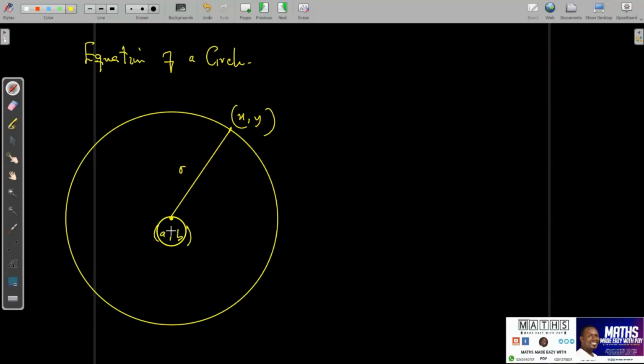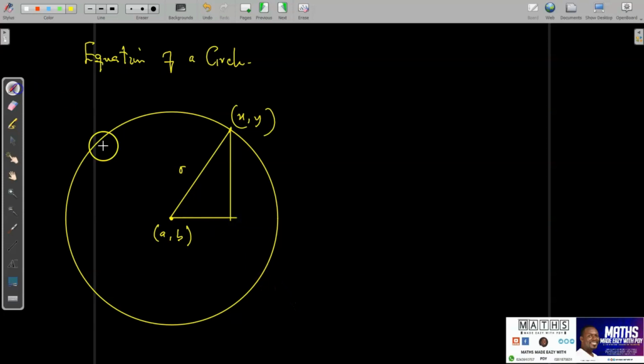So we can equally form an equation connecting these 2 points and then the radius. And how do we do that? Now we can draw some perpendicular lines between the center and the point on the circumference of the circle.